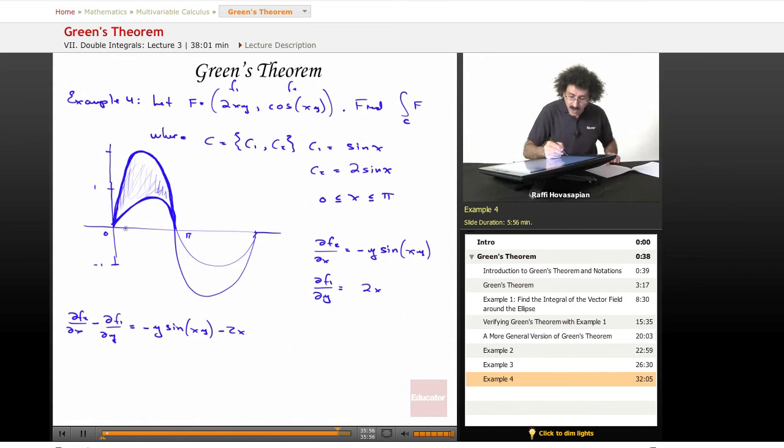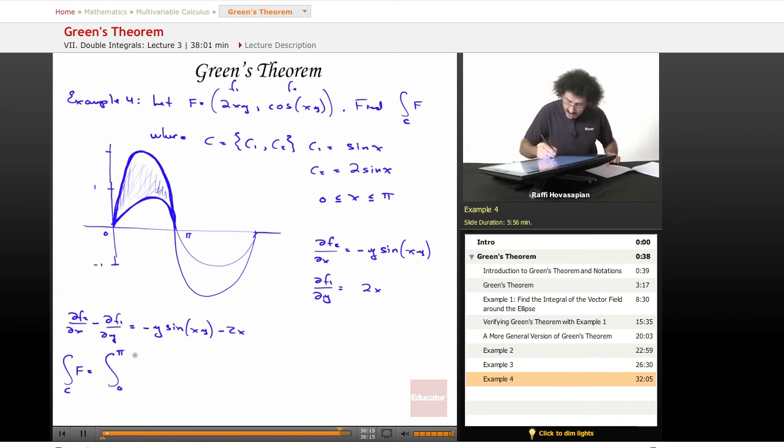Okay, so now we're integrating. So our line integral of f over c is equal to, well, we're going from 0 to pi as far as x is concerned.